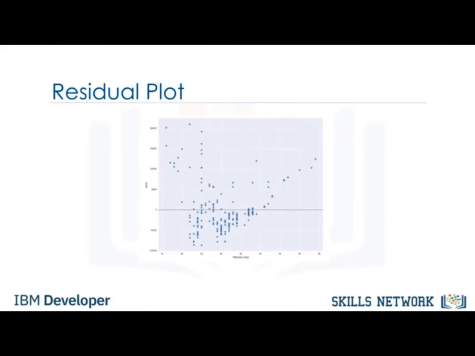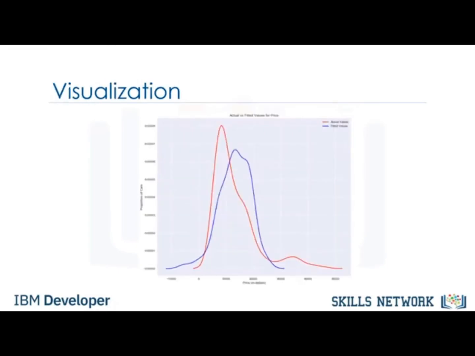Examining the residual plot, we see in this case the residuals have a curvature, suggesting nonlinear behavior. A distribution plot is a good method for multiple linear regression. For example, we see the predicted values for prices in the range from 30,000 to 50,000 are inaccurate. This suggests a nonlinear model may be more suitable, or we need more data in this range.